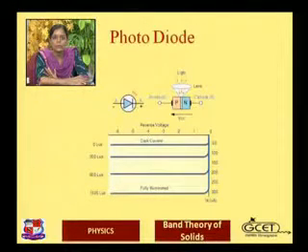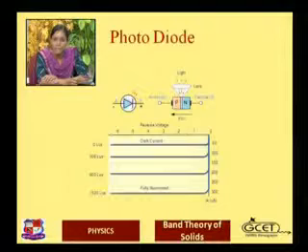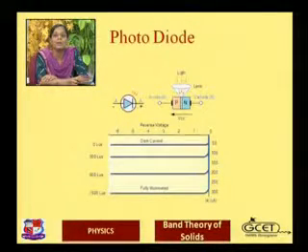That is, the photodiode is not provided with any photons. The dark current that we are getting is actually the reverse saturation current. Just revising the PN junction diode that we studied in the first lecture of this chapter: in reverse bias, there will be a very small amount of current passing through, which is a leakage current due to minority charge carriers.